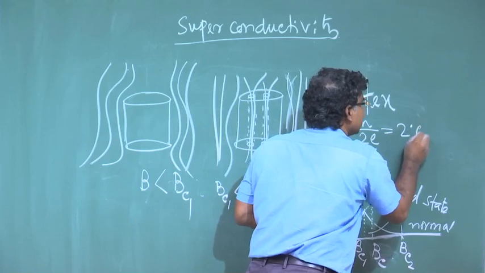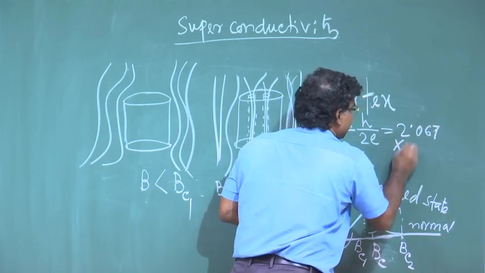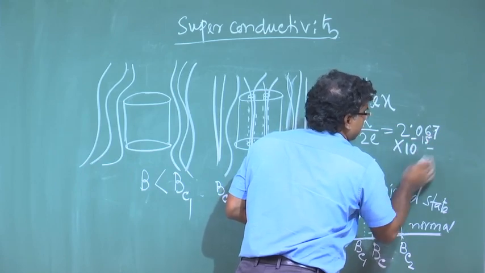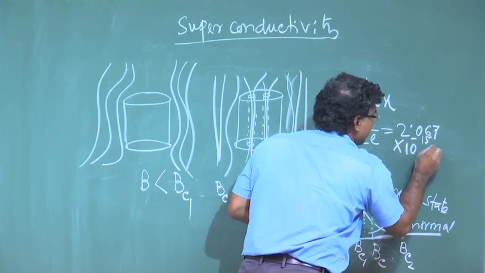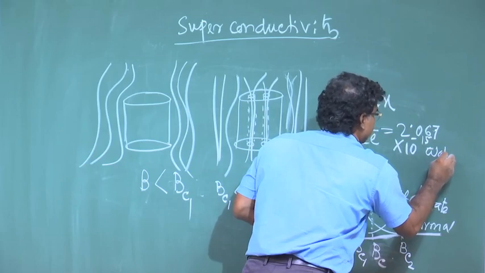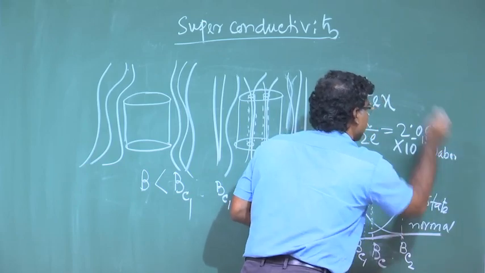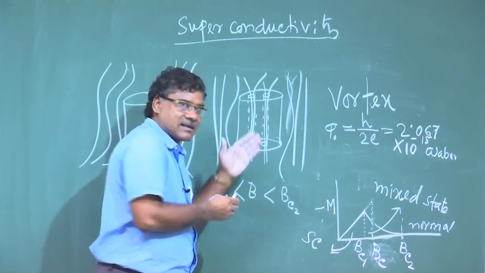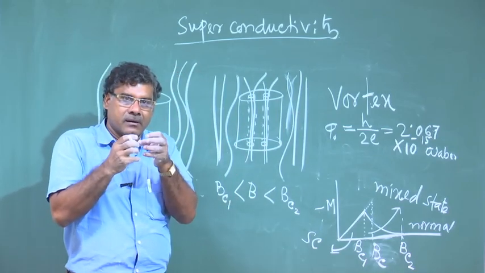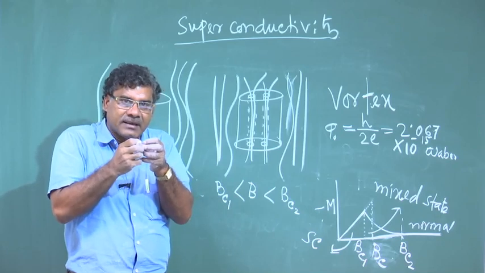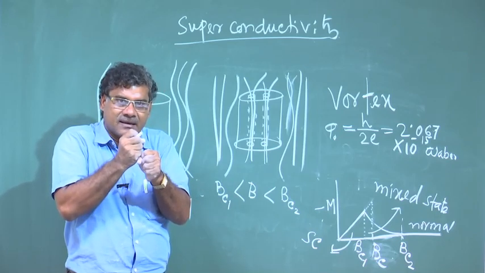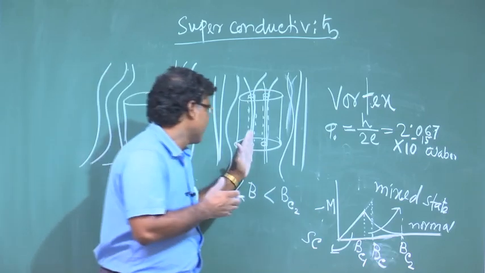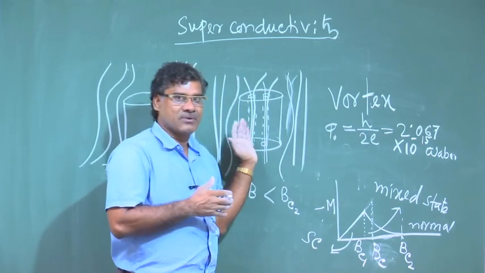If we put in the value, it is 2.067 times 10 to the power minus 15 Weber. Okay. So, this vortex, the normal state of the material, is arranged in such a way that only this amount of flux will pass through it.